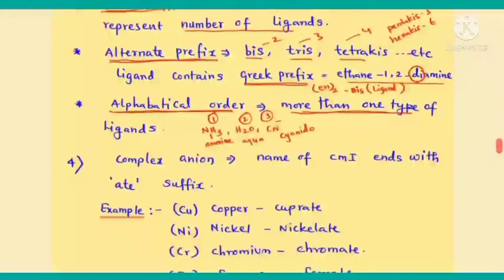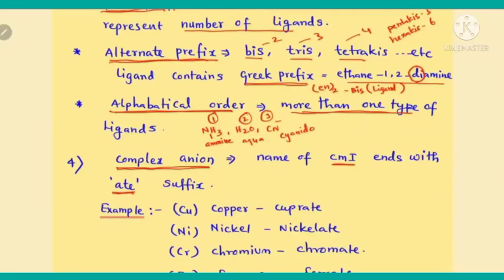Then complex anion. If a complex salt has an anionic complex, that is, the square bracket portion is in the second part, then the name of the central metal ion should end with the suffix ate.